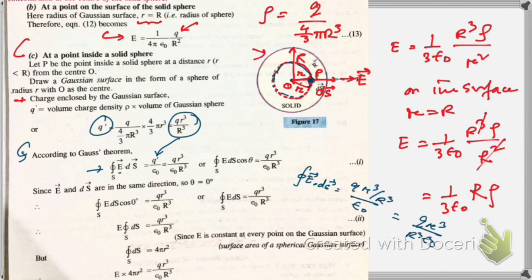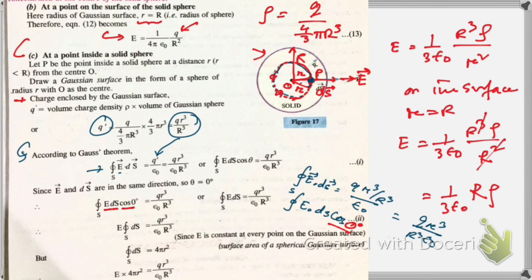Now again we're going to use the concept of dot product, that is surface integration E dot ds cos theta. So here theta will be again 0 degrees, and cos 0 is 1, that's why E ds cos 0 is 1, and E is constant at each and every point on the Gaussian surface.